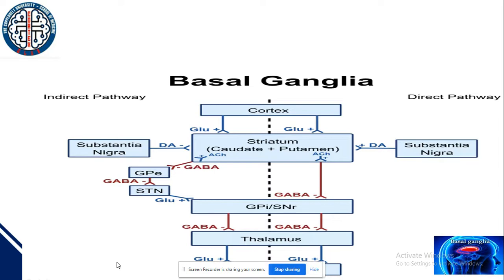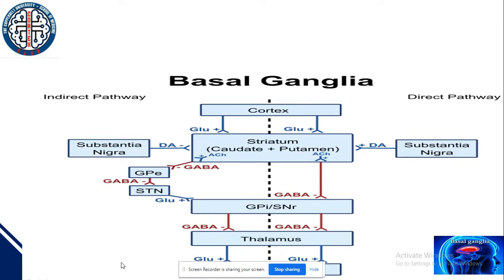We're going to focus first on the cortex. The cerebral cortex has the somatosensory areas, precentral areas and others, and that's where we have the initiation of nerve impulses.